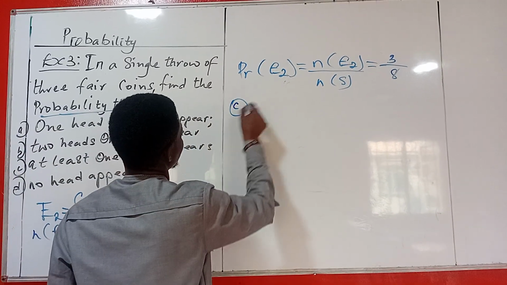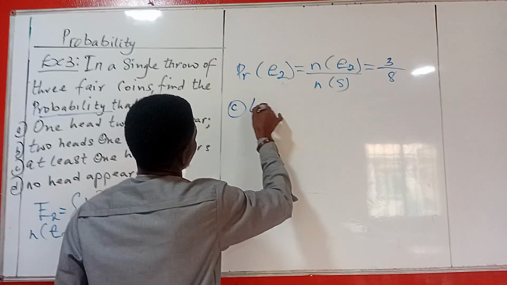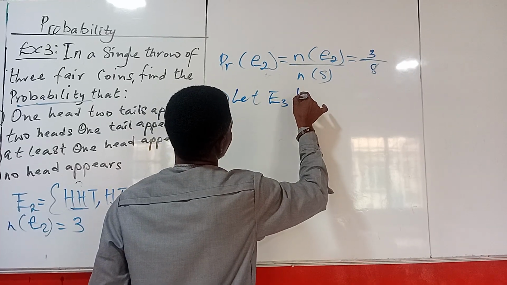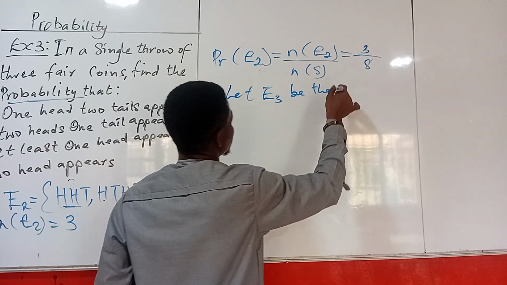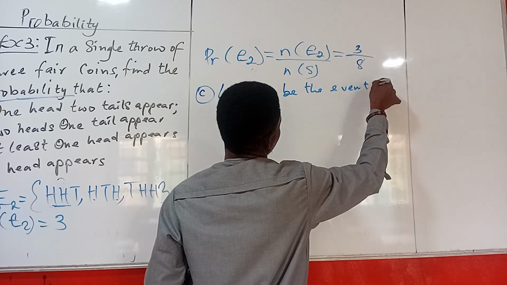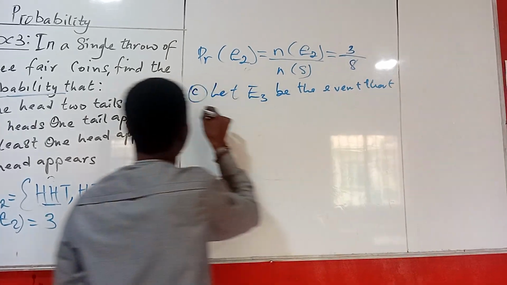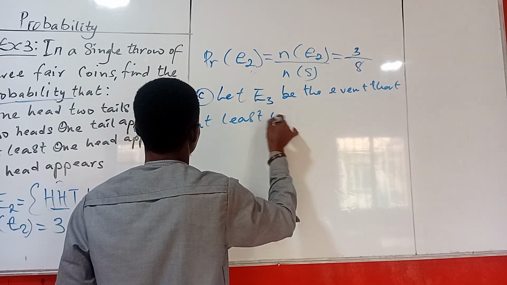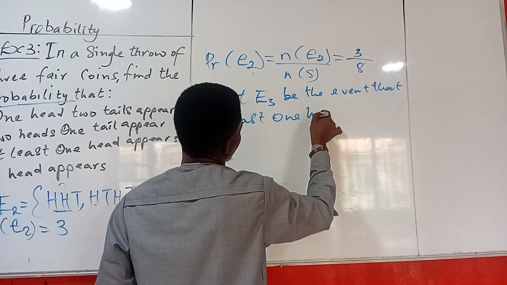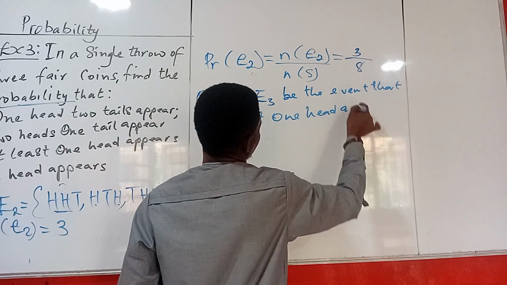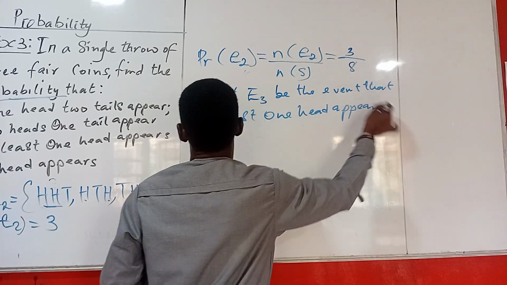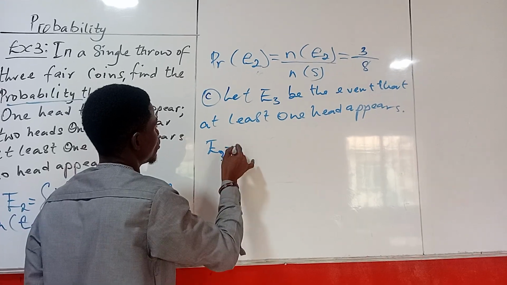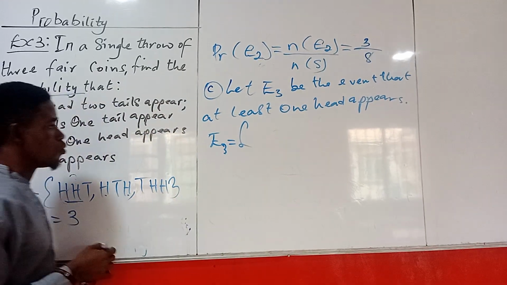So we have C. Let E3 be the event that at least one egg appears. So we have E3 equals at least one egg appears.